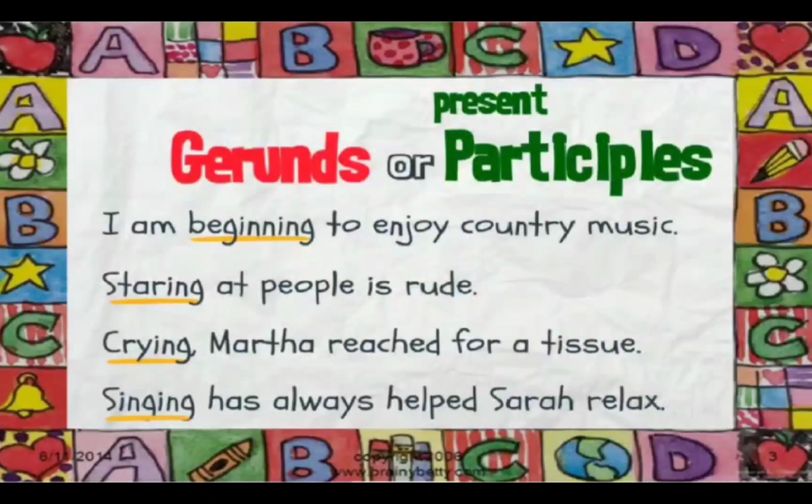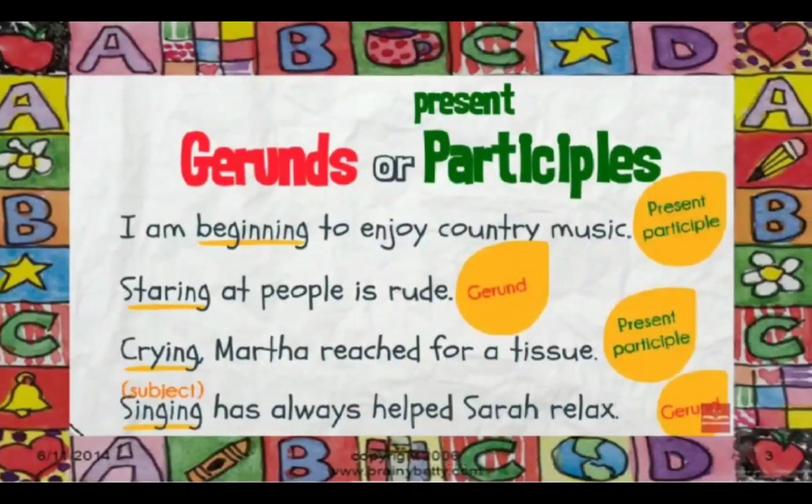Look at the fact that it has a helping verb. Staring at people is rude. Crying, Martha reached for a tissue. Singing has always helped Sarah relax. Let's look at the answers.